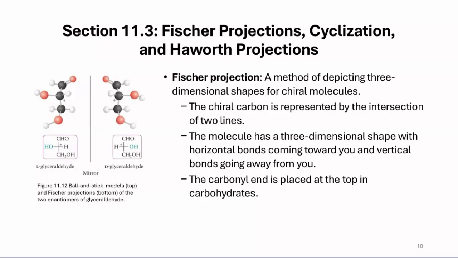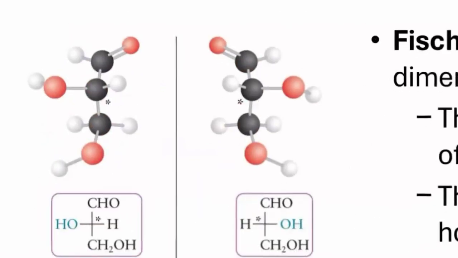We can see in figure 11.12 a ball and stick model for a monosaccharide that is called glyceraldehyde. In glyceraldehyde, this part of the molecule is the aldehyde. And then we see a carbon atom that has, let me just zoom in, and I'm going to write in the atoms.